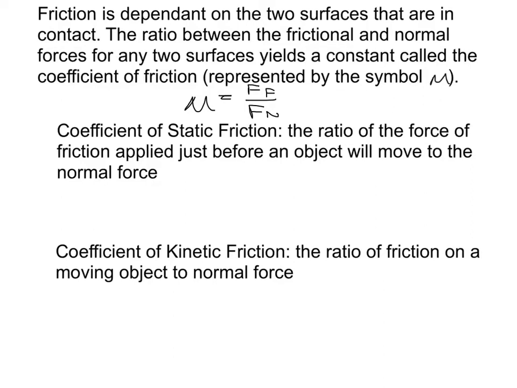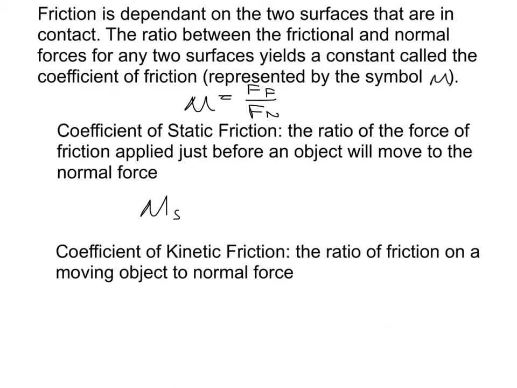So the coefficient of static friction is the ratio of the frictional force applied just before an object will start to move. Because obviously we can apply different forces to an object before it will move. So we'd have to determine the coefficient of static friction with that maximum force. So just before the object starts to move, that's the frictional force we have to use.